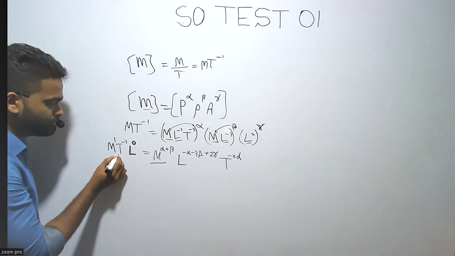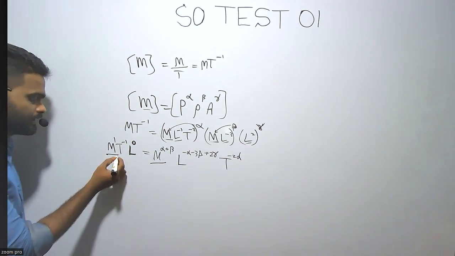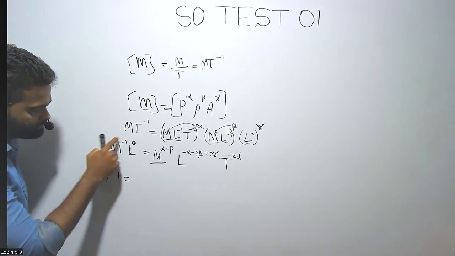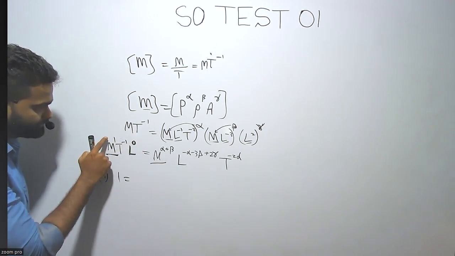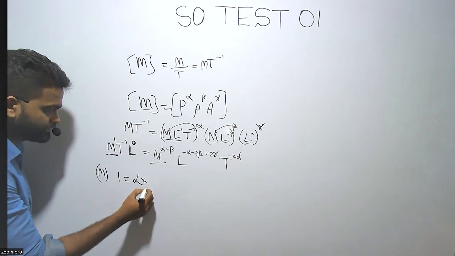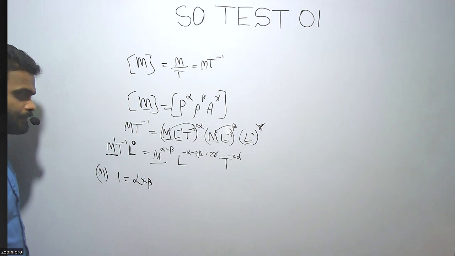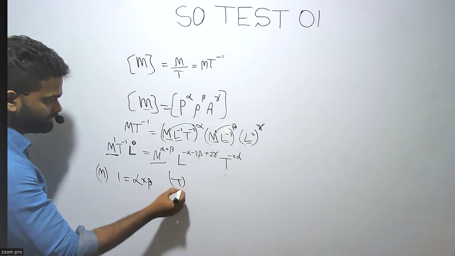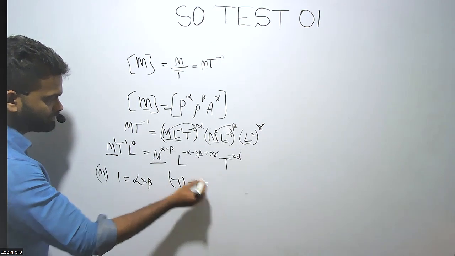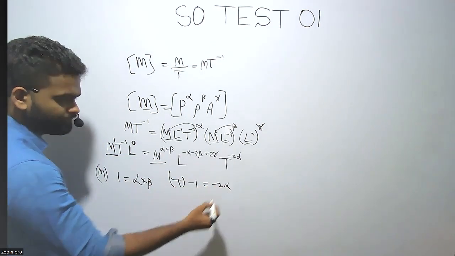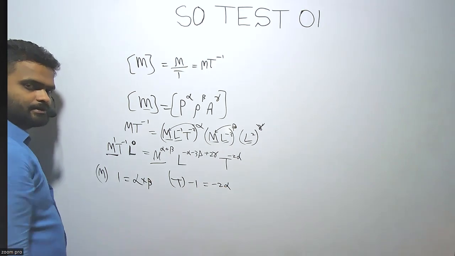Then think about mass terms, capital M terms. So we have powers. Compare the powers. 1 equals alpha plus beta. So we have one equation. Then I can go for time, right? T. We have minus 1 equals minus 2 alpha. Okay, so from this equation you can find alpha.